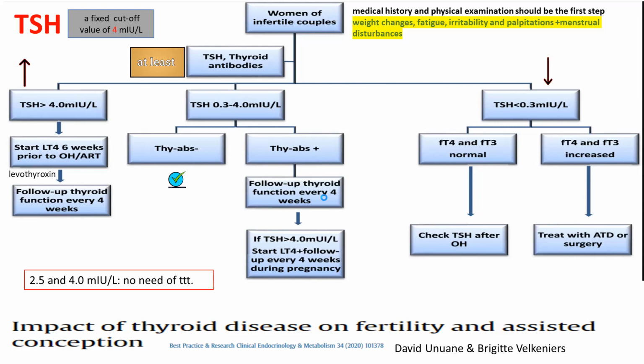But if the antibodies are positive, you have to follow up thyroid functions every 4 weeks, and you can start treatment whenever the patient has evidence of hyperthyroidism, by antithyroid treatment.